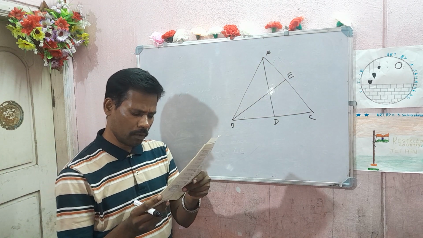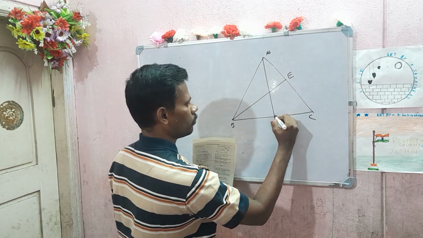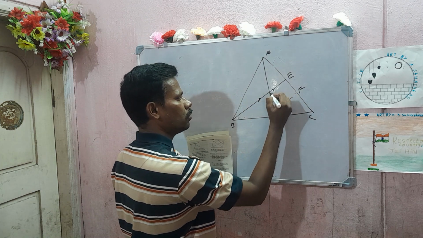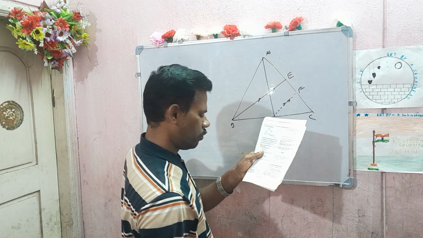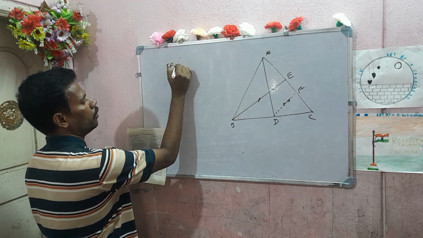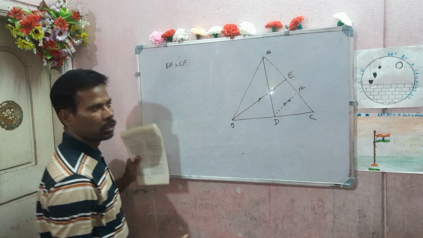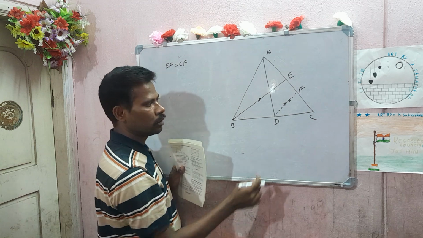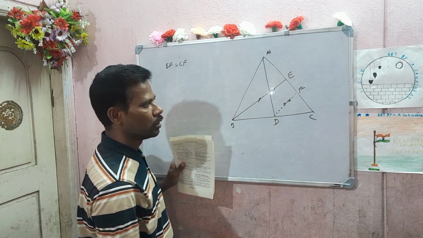If DF is drawn parallel to BE, prove that EF is equal to CF. Now here AD is the median, BE is the median, and DF is parallel to BE, given.